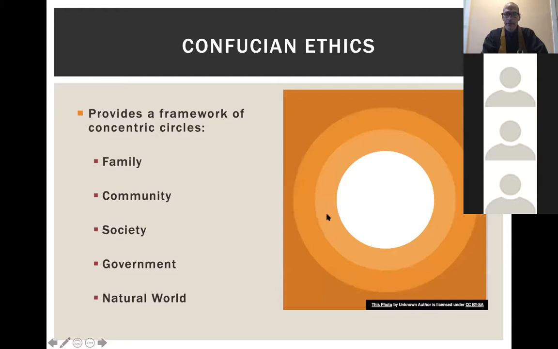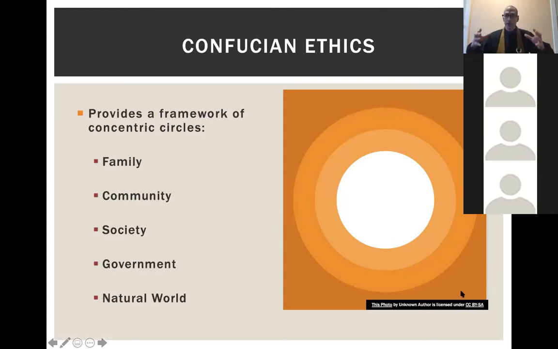And the ethics, this idea of concentric circles, which we studied in Confucianism, where the person is at the center. That doesn't mean they're at the center of the universe. It means the relationship begins with oneself and rectifying the heart, but then goes into family, the local community. The spheres of influence just get wider and wider: the local community, society, government, and the natural world.